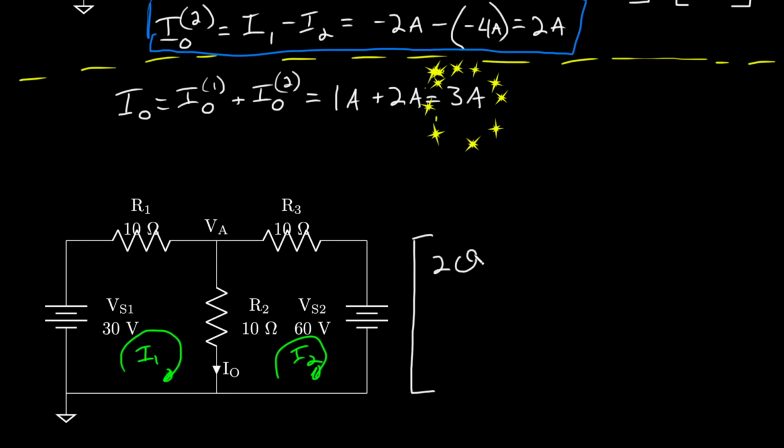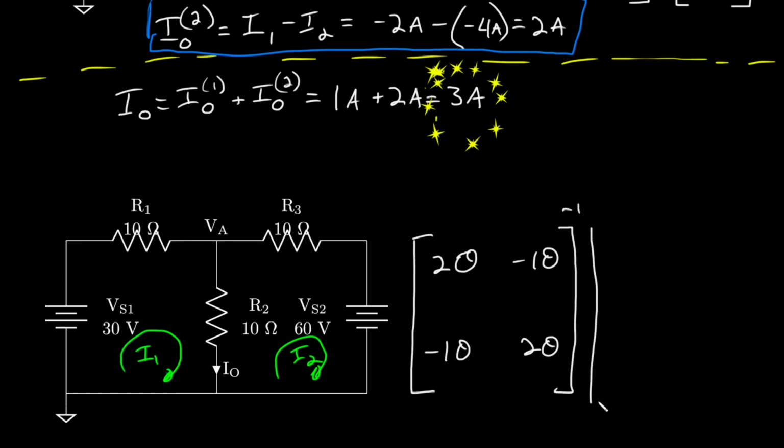And we're going to have 20 for what I1 touches, -10 for what I1 shares with I2, -10 for what I2 shares with I1, 20 for what I2 touches, right? That's all going to be the same.